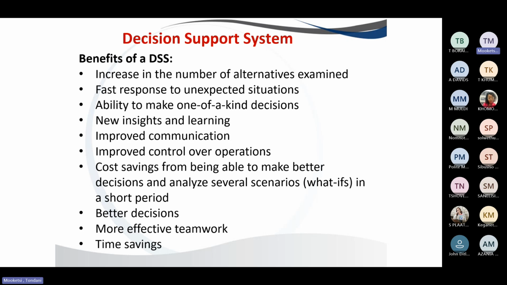So that is a benefit of using a decision support system. Fast response to unexpected situations, ability to make one-of-a-kind decisions. So the decision support system is able, based on the data and the different models that are applied, to make one-of-a-kind decisions.